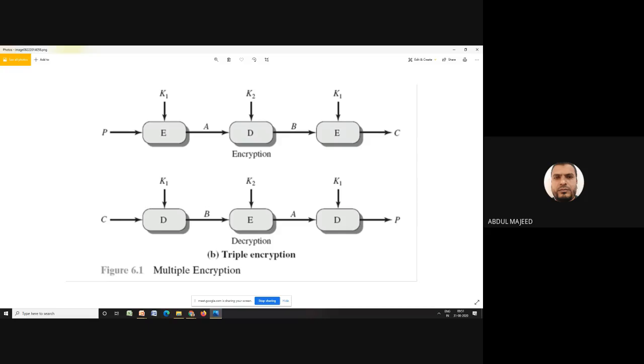Before going to this diagram, one thing I want to inform you: either you take DES or triple DES, mostly it is used in financial transactions, secure electronic transactions, payments purposes, banking purposes.